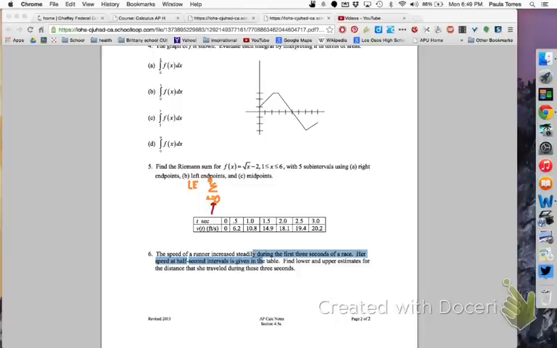Okay, so now I want to, again, do f of x sub i times delta x. So this formula doesn't change. The only thing that changes is the boundaries. So I was doing the square root of 1 plus x minus 2 times 1, because that was delta x. And so again, I can put this into the calculator.